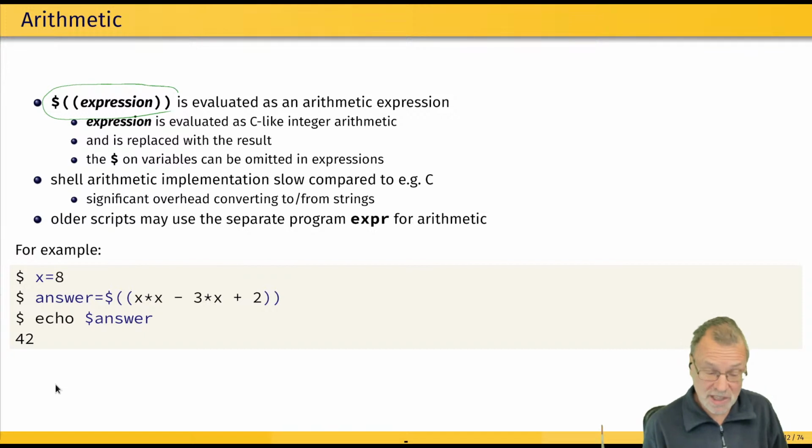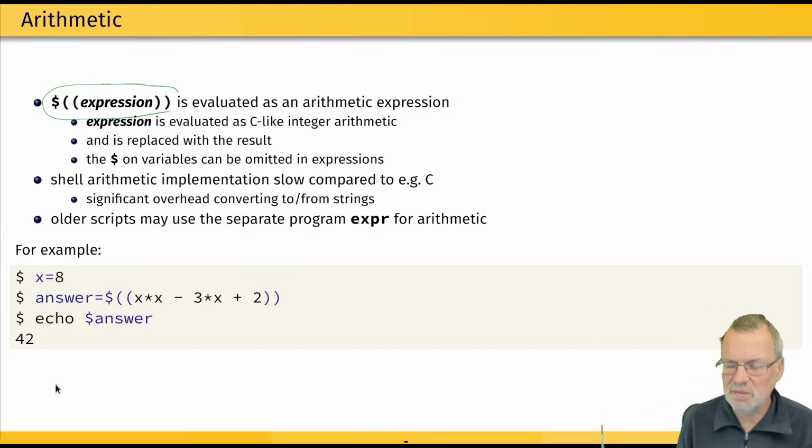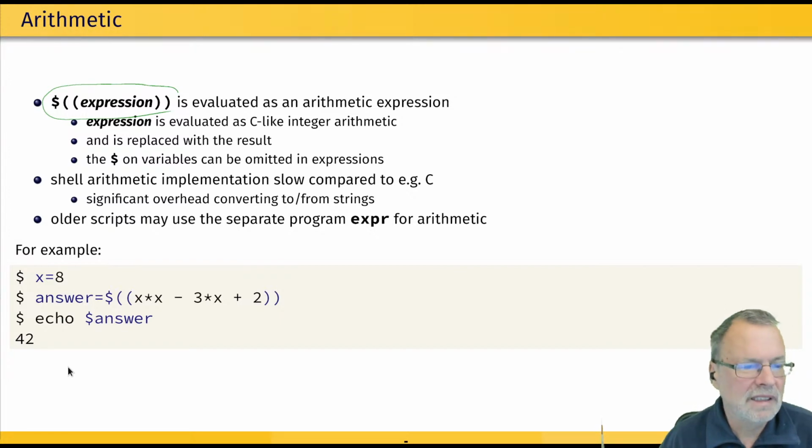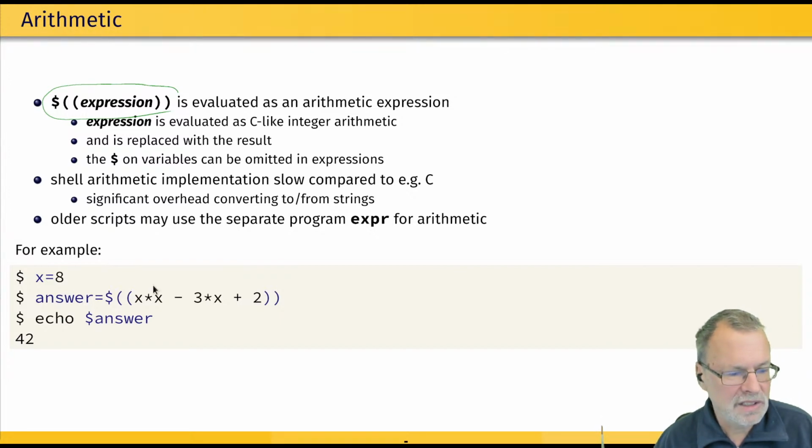In Python, same thing, more or less. You have numeric types. How can you have arithmetic and not numeric types? The answer is the shell will get the string, convert it to an integer, and do the arithmetic. Let's try that out.